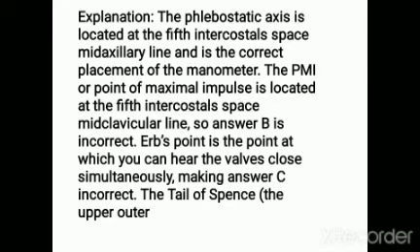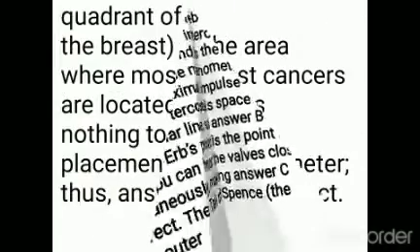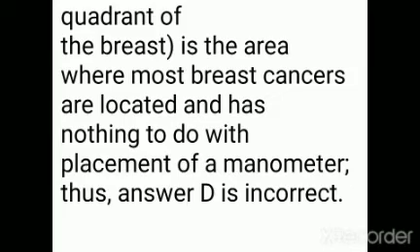Erb's point is the point at which you can hear the valves close simultaneously, making answer C incorrect. The tail of Spence, the upper outer quadrant of the breast, is the area where most breast cancers are located and has nothing to do with the placement of a manometer. Thus, answer D is incorrect.